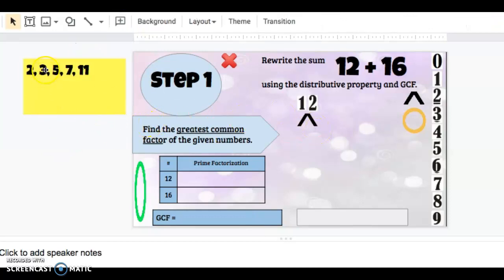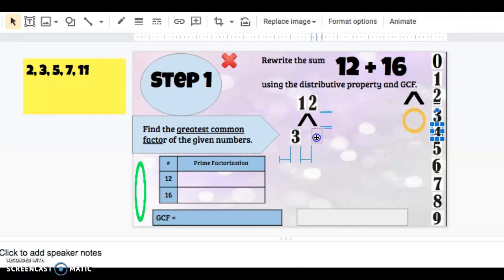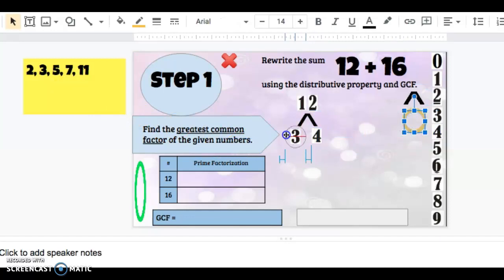So my goal is to have these in my multiplication that I use to get 12. So I'm going to say 3 times 4. So I have 3 and 4. Okay, and then these are the numbers I circle, and I see a 3, so I'm going to circle my 3.